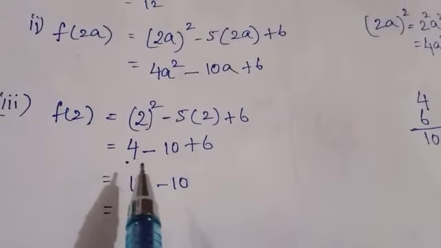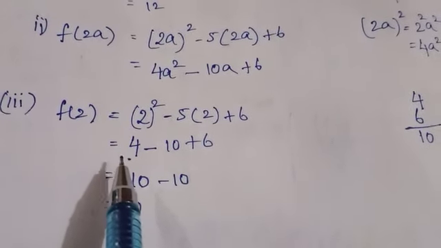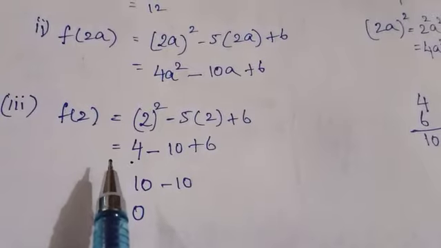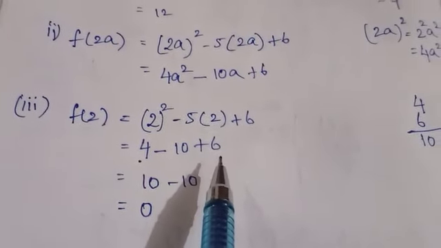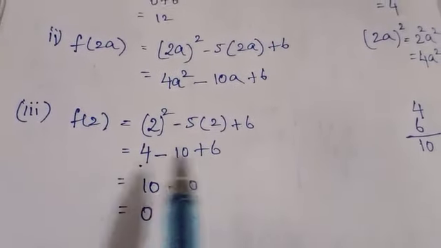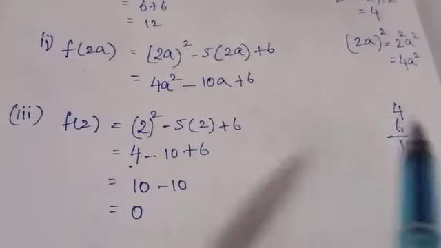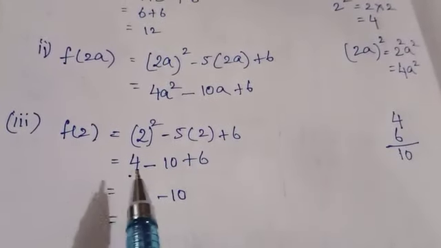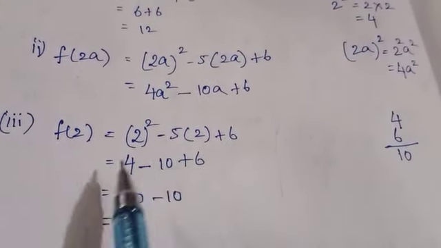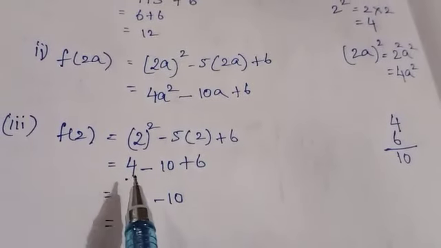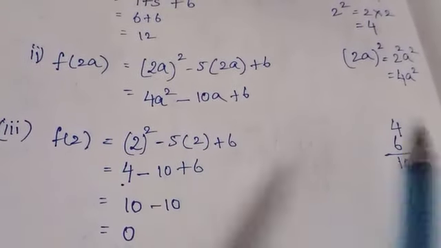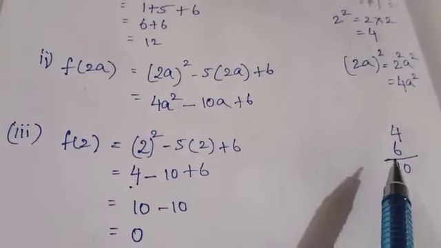So see students, if we have 3 numbers with different signs, first you choose the numbers with the same sign. Here we have 2 positive numbers, that is plus 4 and plus 6. So I have written them separately here.